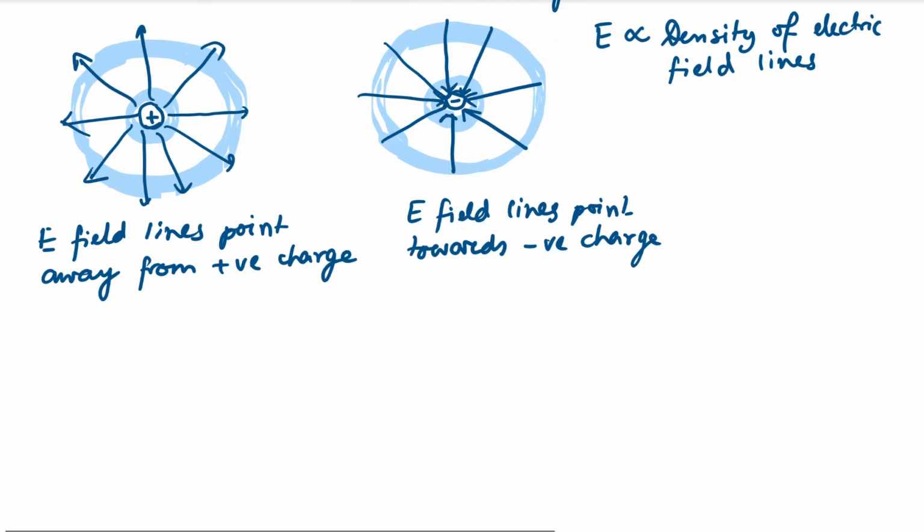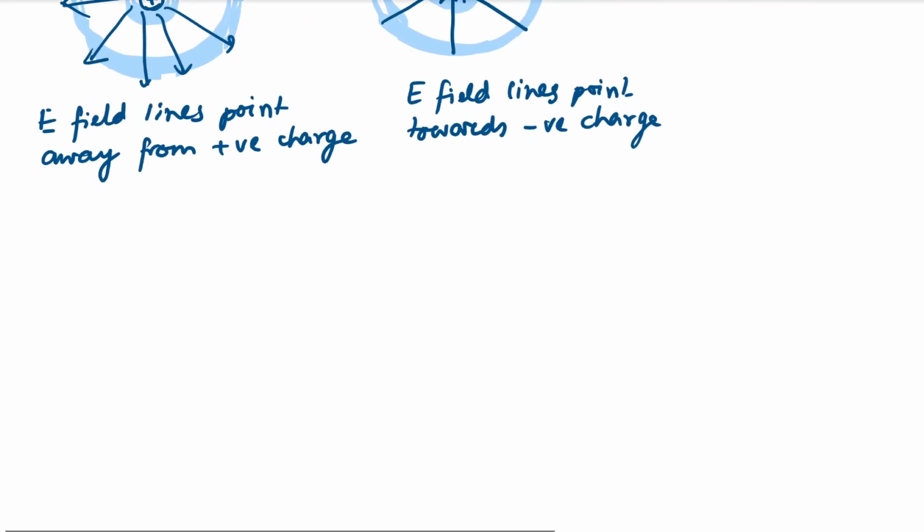Okay, now in year 12, there is another setup that we commonly use for static electricity, and we have to understand the electric field for that setup, which is parallel plates.